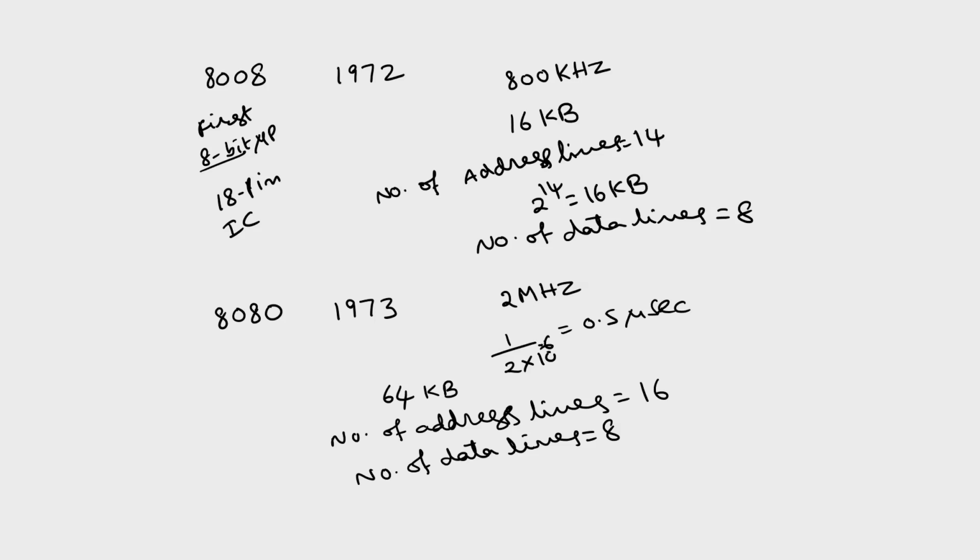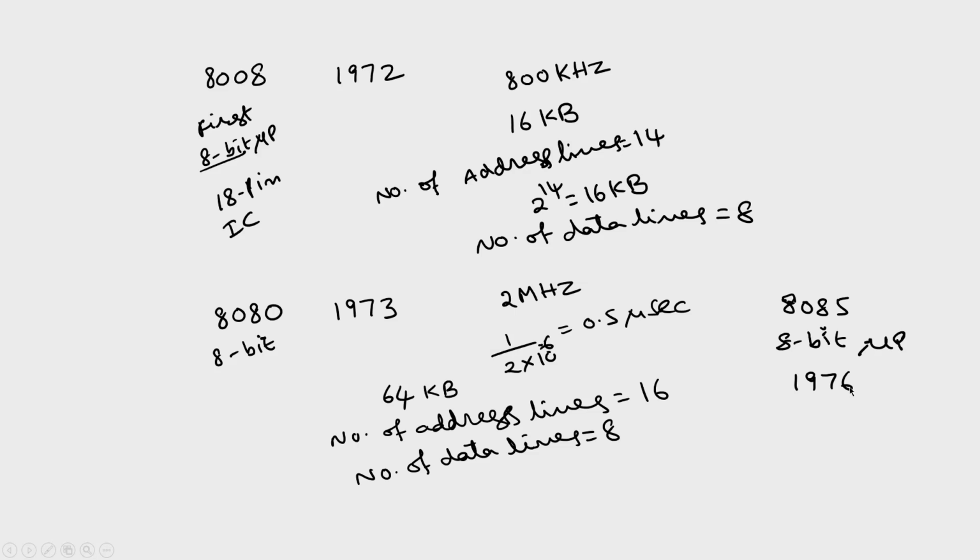Next is the 8085 microprocessor, which is one of the famous 8-bit microprocessors. This is also 8-bit, another 8-bit microprocessor developed in 1976.